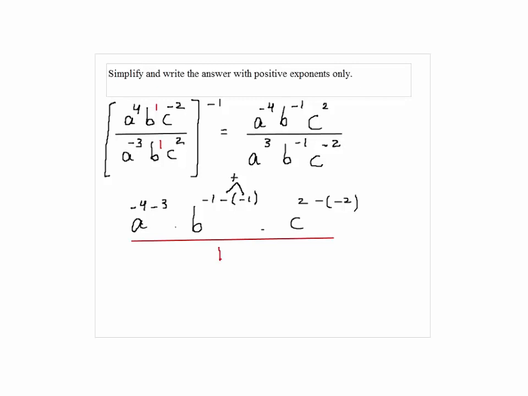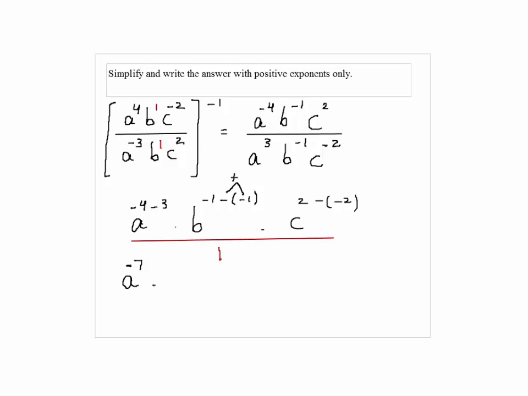All right. So far we have a to the power of minus 4 minus 3. So what is that equal to? That would be a to the power of minus what?